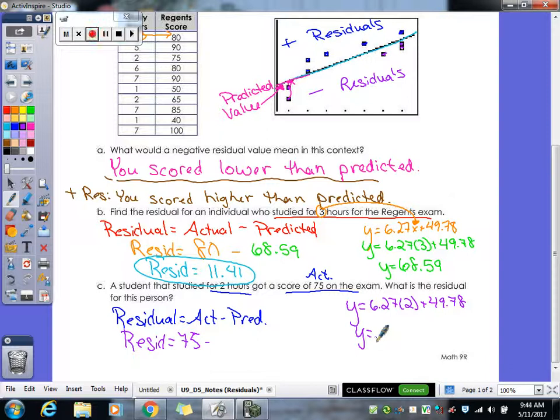You always got to remember, predicted comes from the line of best fit. 62.32. So now let's subtract 75. 12.68. So that person did even better than the other one did because their residual score was higher.